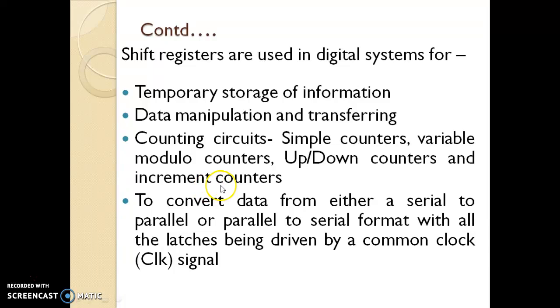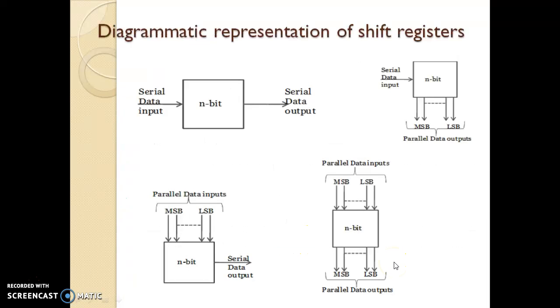They are also used in different electronic systems to convert data either from serial to parallel or parallel to serial format. These are general applications of registers that we can find in digital circuits. In case of conversion of data, these registers are driven by a common clock signal.